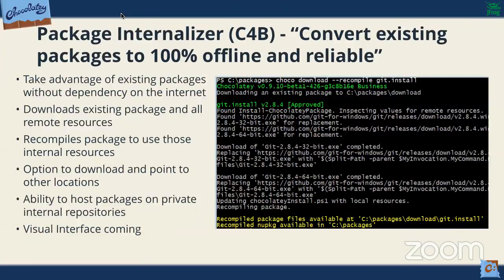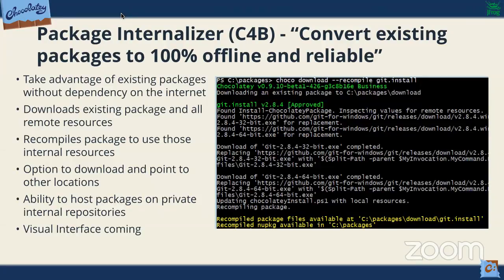Another thing that we've seen a lot of organizations doing over the years is taking packages from the community repository and bringing them internal and wanting them to be 100% offline and reliable. It's not enough just to hook up a remote repository and cache those packages locally, because they reach out to the internet at runtime. And we'll get into that. We'll talk about why that constraint is there for the community repository in a little while.